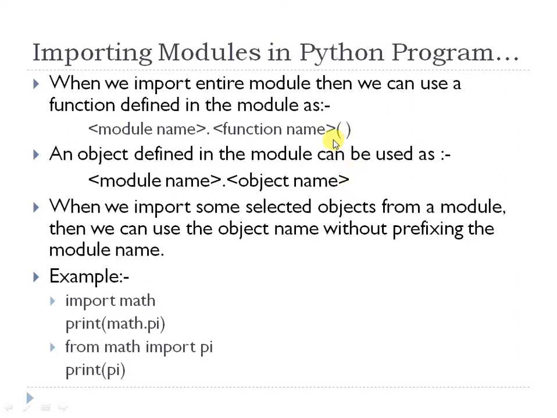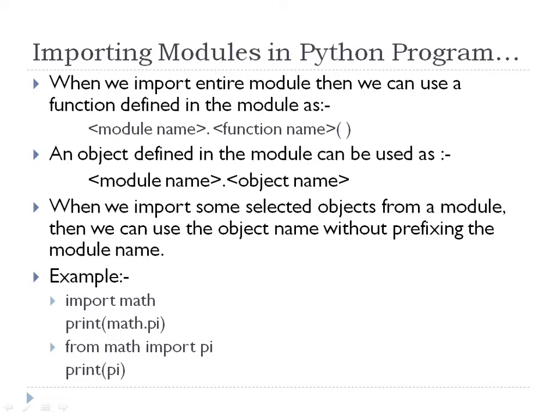So that's how you call or use a particular function or object defined in a module if you are using the import statement with the module name. So you have to name the module first, then put a dot operator, and then follow it with the function or object name.